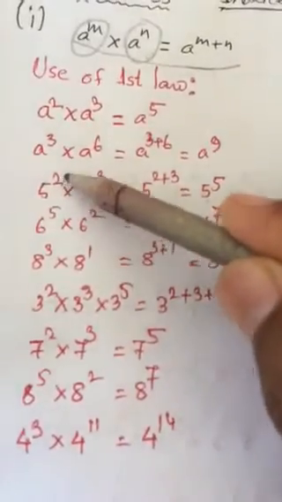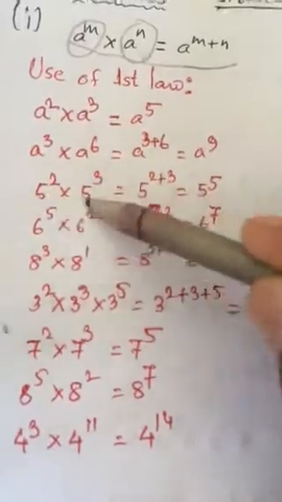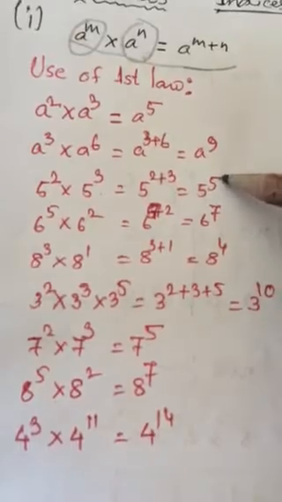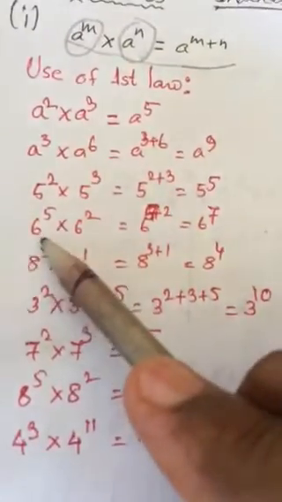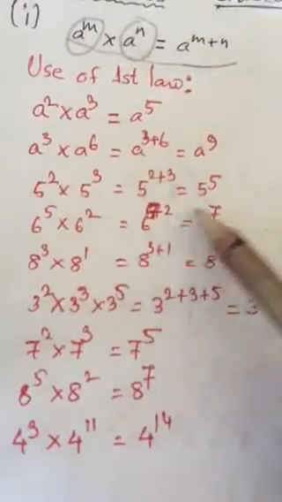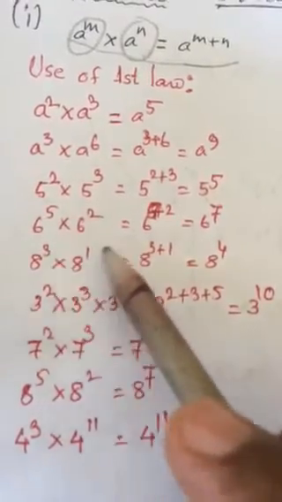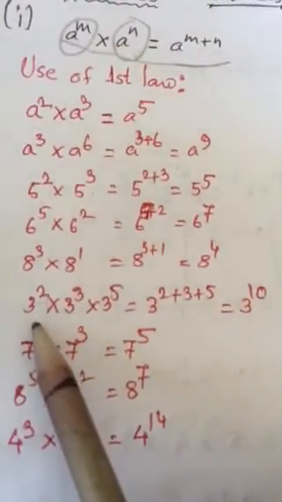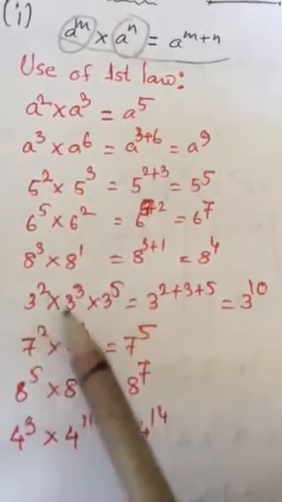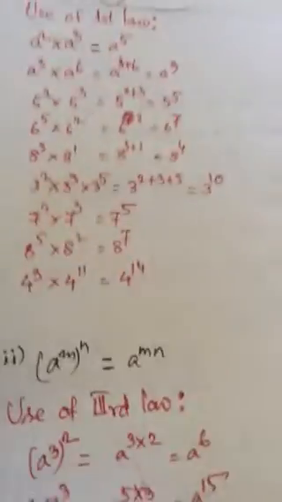So 5 to the power 2 times 5 to the power 3 equals 5 to the power 2 plus 3. The base is the same, that is why the powers are added: 2 plus 3 is 5 to the power 5. Now here you see 6 to the power 5 times 6 to the power 2: the powers are added, 5 plus 2, that is 6 to the power 7. 8 to the power 3 times 8 to the power 1: the base is the same, the powers are added, 3 plus 1, so 8 to the power 4. Then 3 to the power 2, 3 to the power 3, 3 to the power 5: the base is the same, the powers are added, 2 plus 3 plus 5 is 10, so 3 to the power 10.